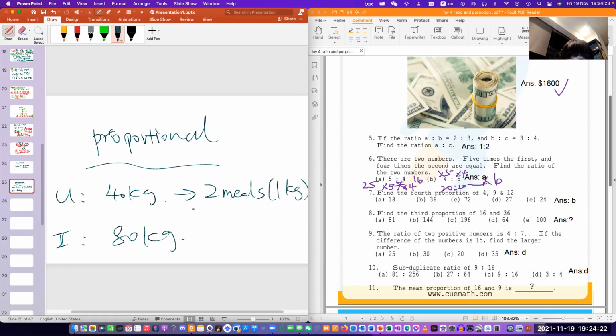But for me, because my weight is double your weight, I have to eat more to support my weight. So probably I eat 2 meals as well, but I eat more than you. Probably I will eat just 2 kg. So to be proportional, the weight is times 2, so therefore the consumption is also times 2. So this is the meaning of proportional.